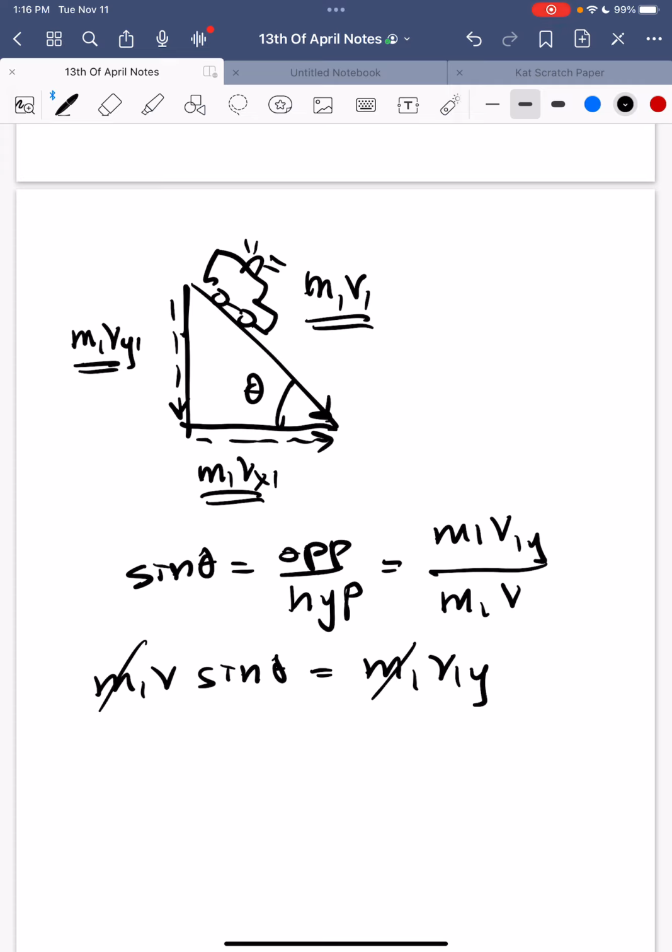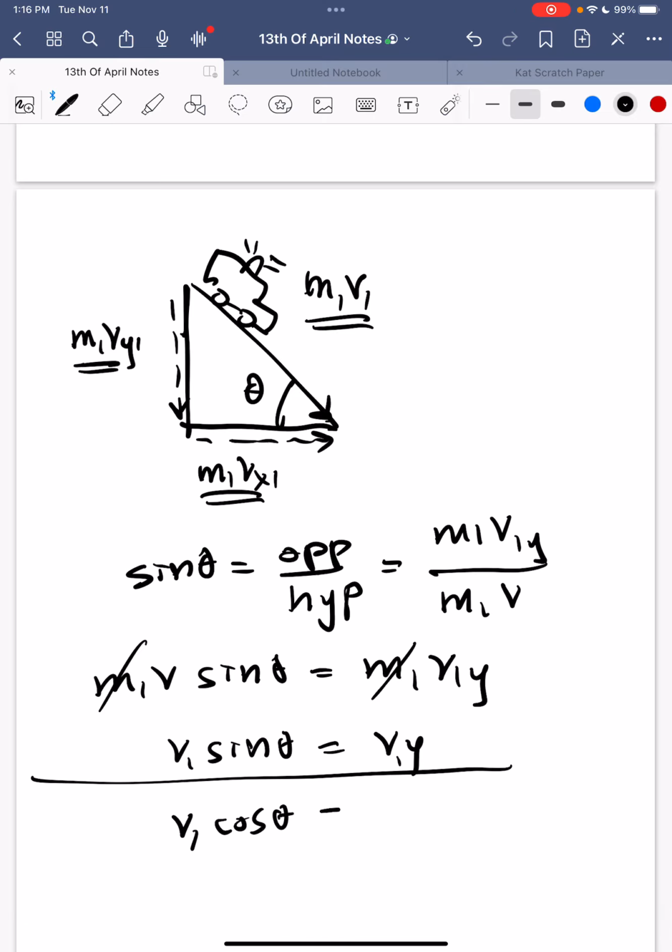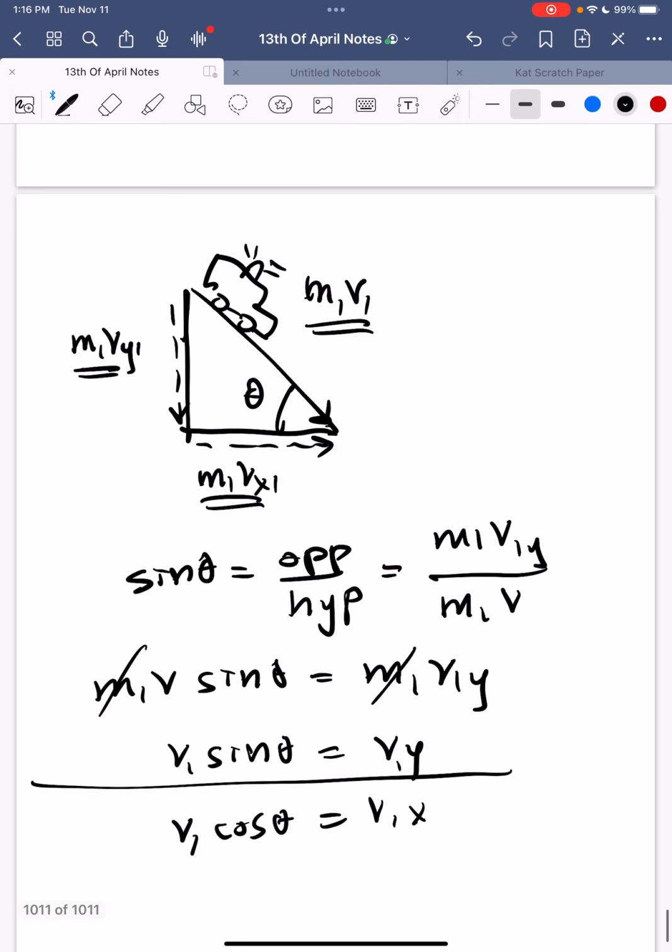This cancels with that, and you basically get v sine theta is equal to the velocity in the y direction of velocity 1. So you're going to have to do that with the other one, and if you do that with this one, you're going to get v1 cosine theta is the velocity of 1 in the x direction. So this is how you do it.